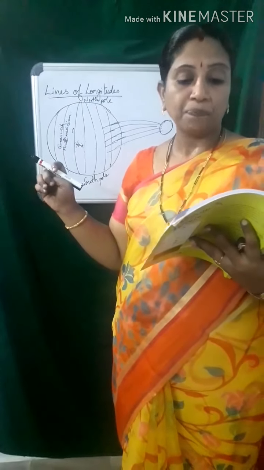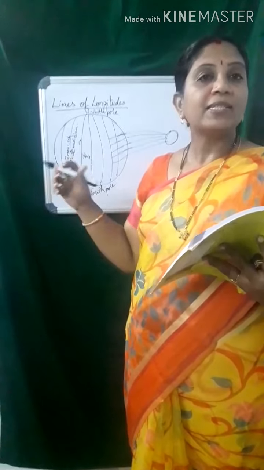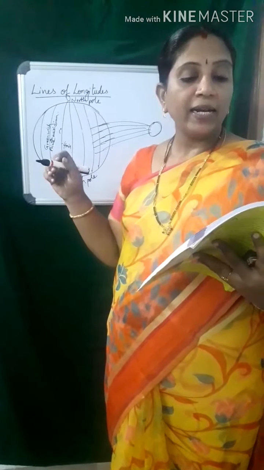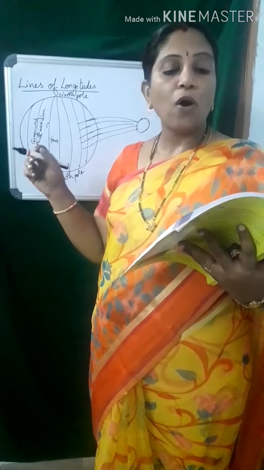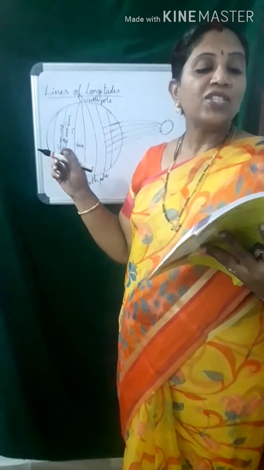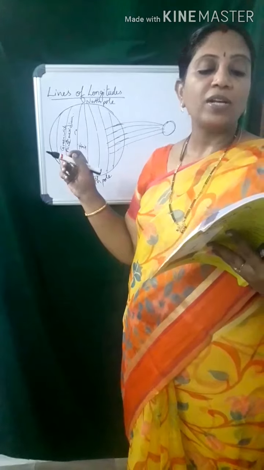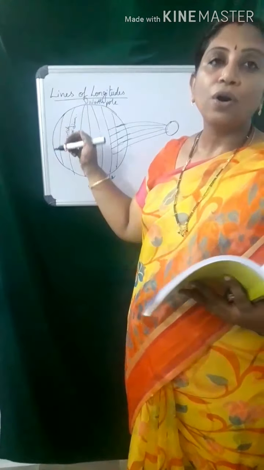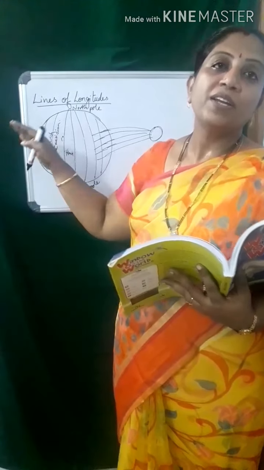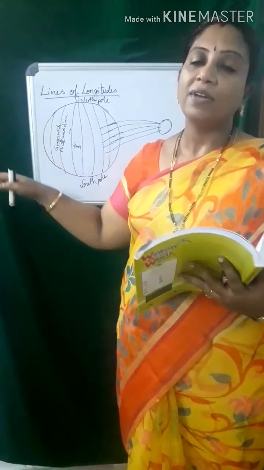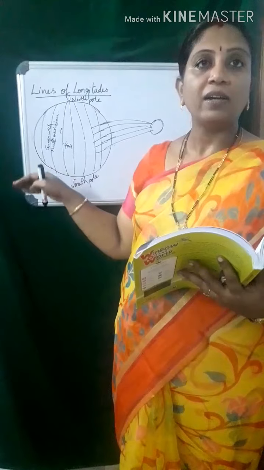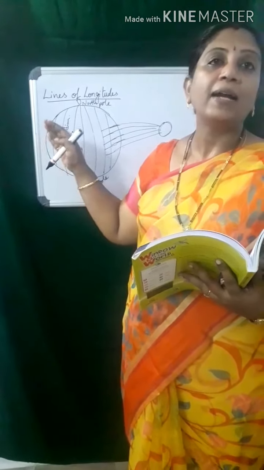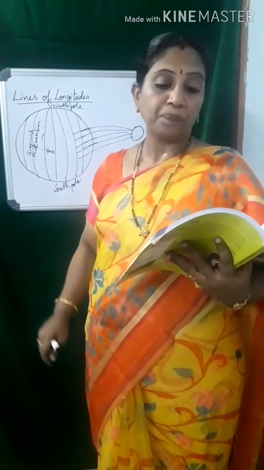To make things easier, the 180 degrees meridian was chosen as the point from where each day is said to actually start on the earth. According to these longitudes, whether it is east or west of Greenwich, we have to know clearly the time zones, and then we can know the exact time on the earth.